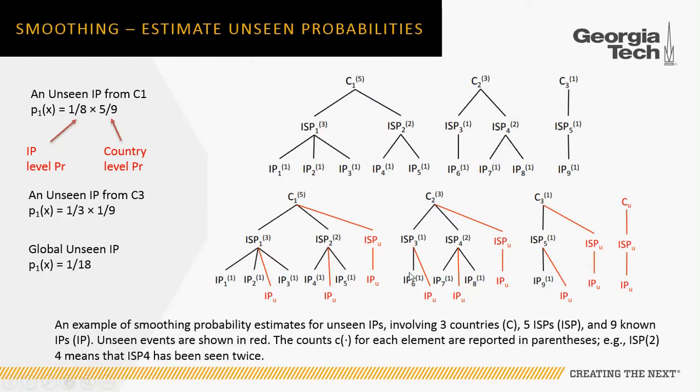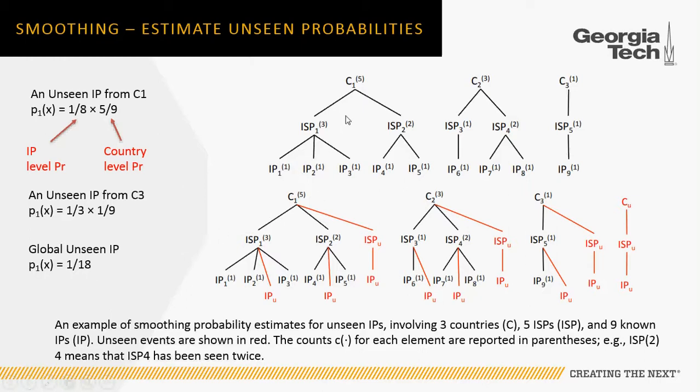And in the bottom graph, we added some unseen IPs. Like this IP is unknown, this IP is unseen before. Globally, if you look at this row, there are 9 IPs that we have known, and also there are 9 unknown IPs. So for each unseen or unknown IP, the probability is 1/18.